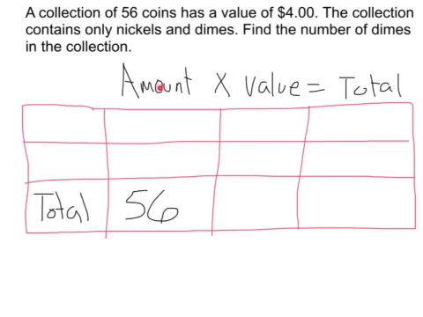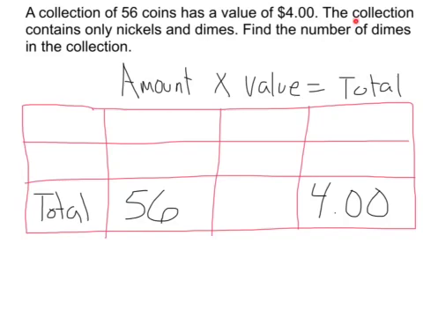So I'm going to put that right down across from amount. We also know we have a total value. Now this isn't this value. This value is per coin or per stamp or whatever we're dealing with. This is the total value over here. So we know our $4 is going to go right in the bottom row and column right there.